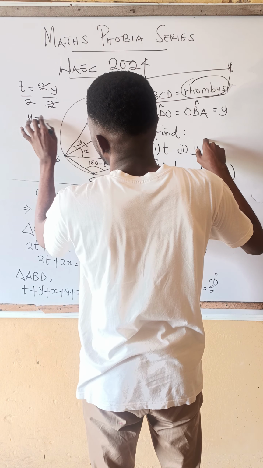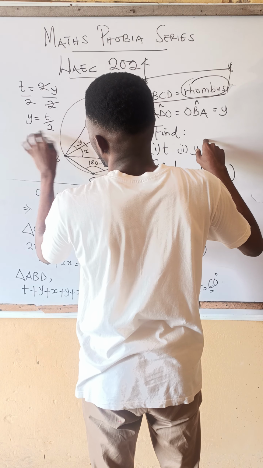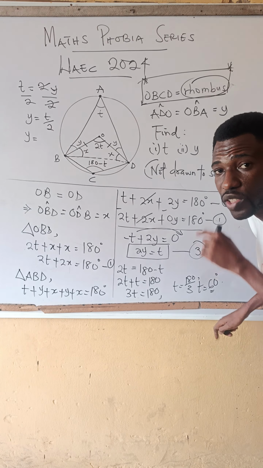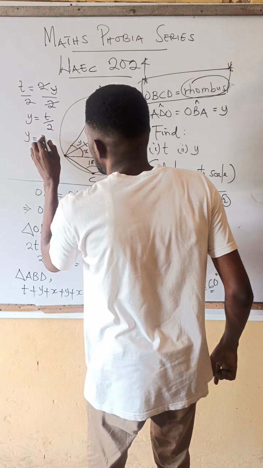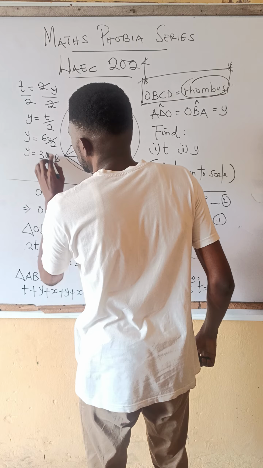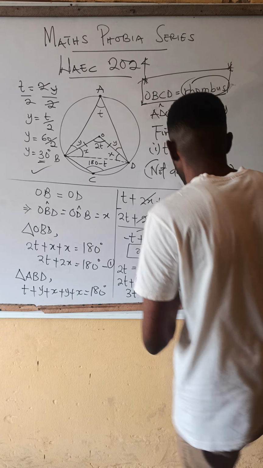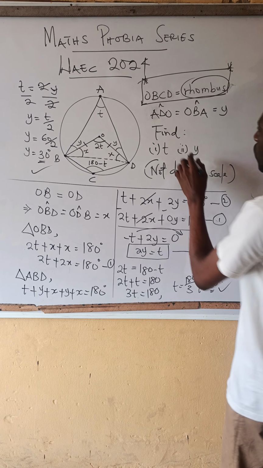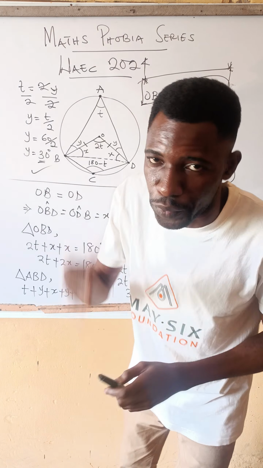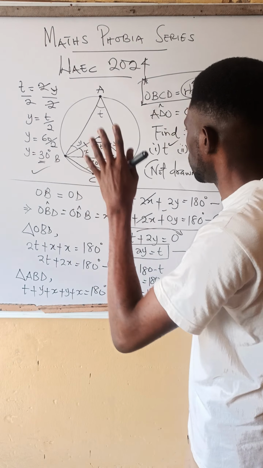So that means y is t over 2. And we solve for t. What did we get for t? We got 60 degrees for t. So we have 60 over 2. And y is what? 30 degrees. So we've gotten our t and we've gotten our y. Step by step approach, alright, in solving this problem.